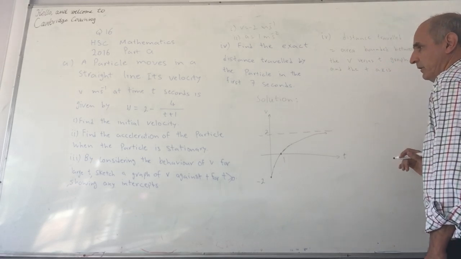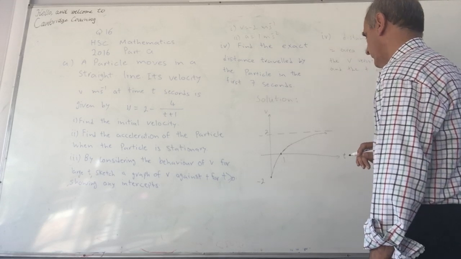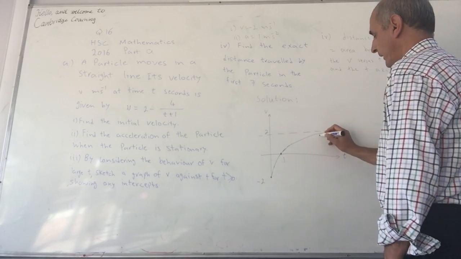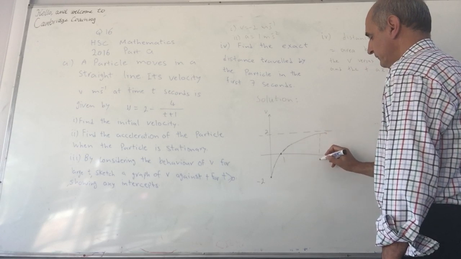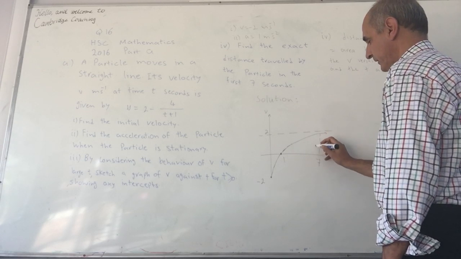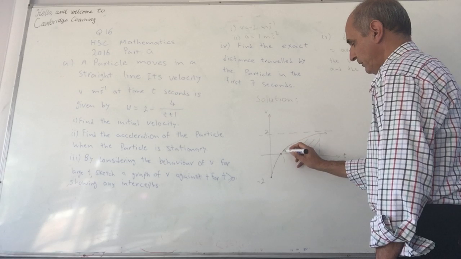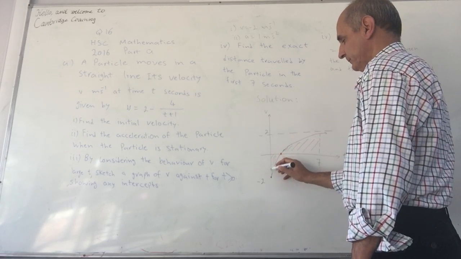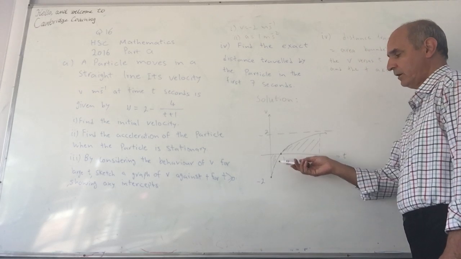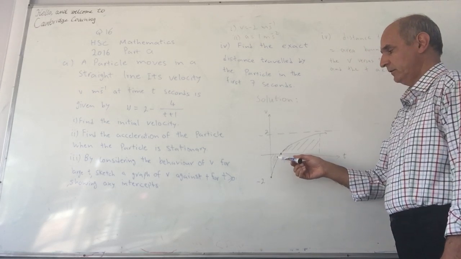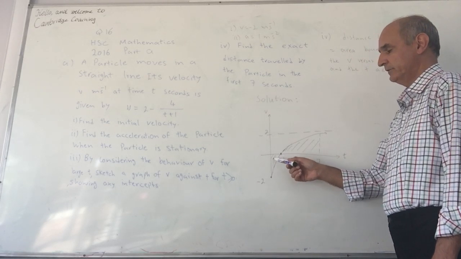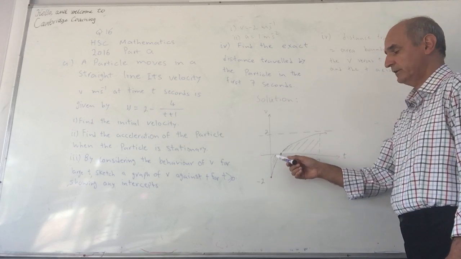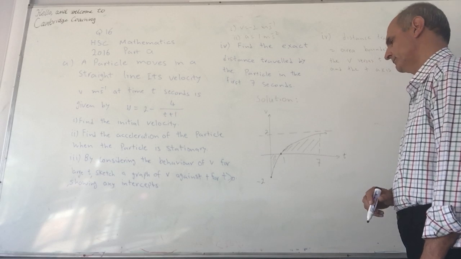Okay, so we've got to find the area in this, and because they are asking in the first 7 seconds, if this is my 7 seconds, that's one part of my area, and that's the other part of my area. But because this area is under the time axis, I need to take its absolute value.